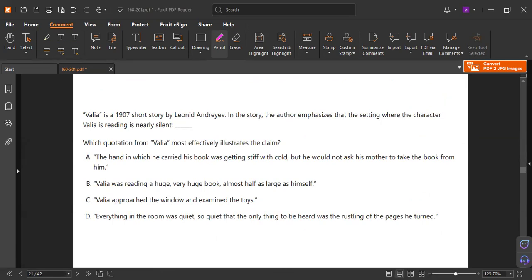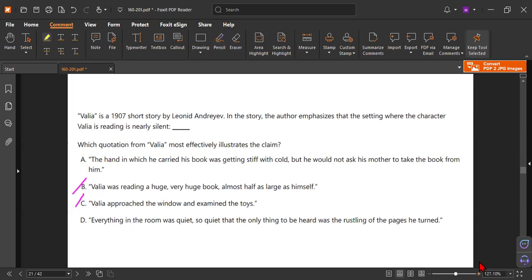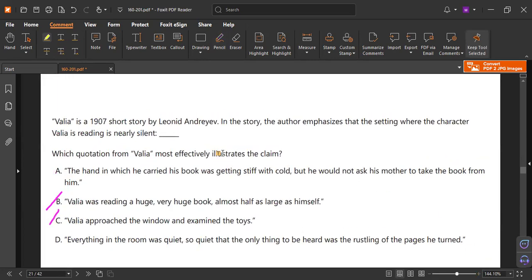It's B or C, but I think it's B. No B, no C. Let's read together. I think that you have a big problem in this question. This is so simple. Find the claim first. So the author found it. So we need setting. Where is the setting?